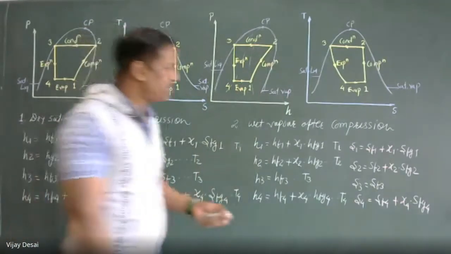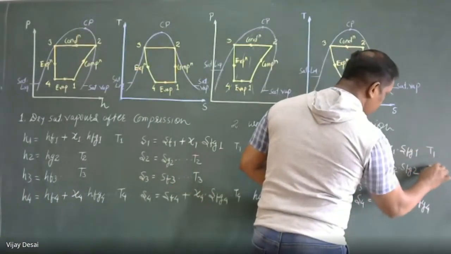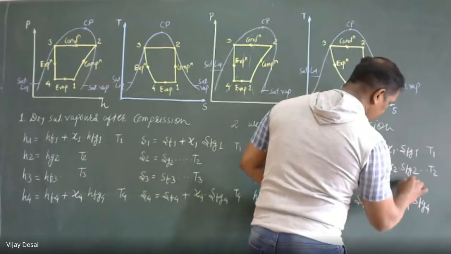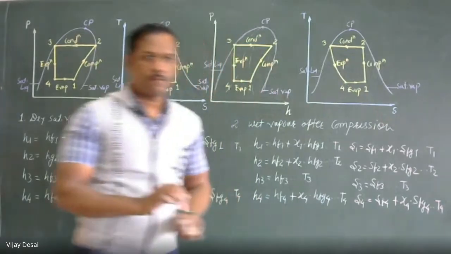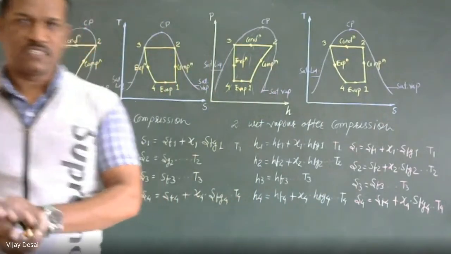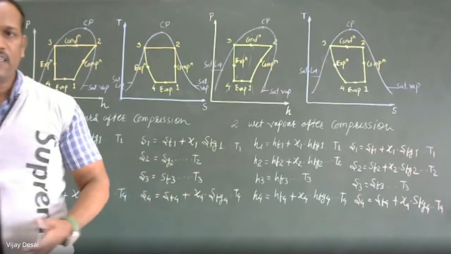These should be measured at the corresponding temperature, so s1 at T1, s2 at T2, s3 at T3, and s4 at T4. So these are the two conditions. Now there are three remaining conditions.